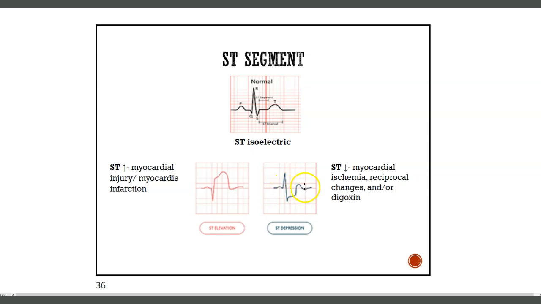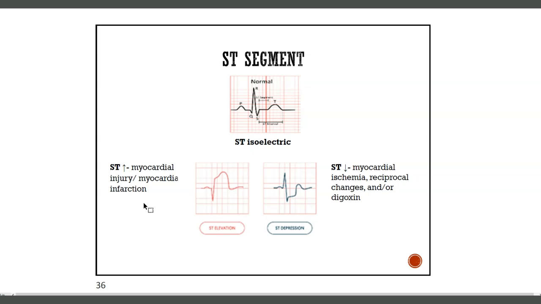If you draw a line, then the ST would be below that line. So ST elevation is commonly seen in myocardial injury, specifically myocardial infarction, while ST depression is typically from myocardial ischemia, or it may be just reciprocal changes from an MI or digoxin.